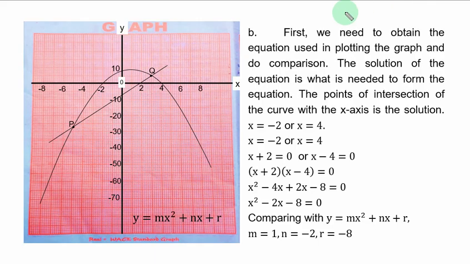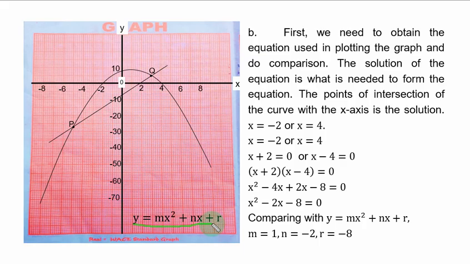B part of the question, you are asked to find the values of m, n, and arrow. This is the given equation. So you have to find m, n, and arrow. First, we need to obtain the equation used in plotting the graph and do comparison. The solution of the equation is what is needed to form the equation.